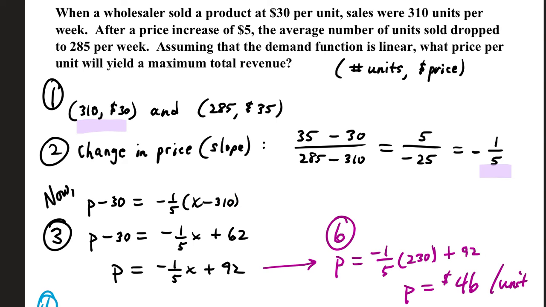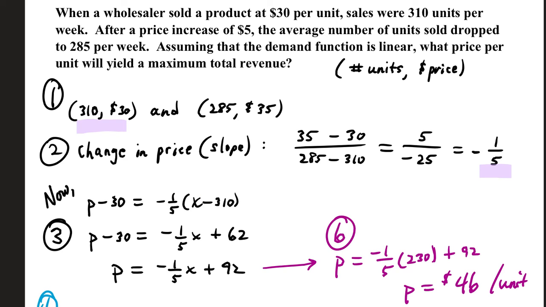In college algebra, the formula was really gnarly looking. It was y2 minus y1 equals m parentheses x minus, or excuse me, x2 minus x1. Point slope form. But we have these in applications now. So again, p minus 30 equals slope times x minus 310.